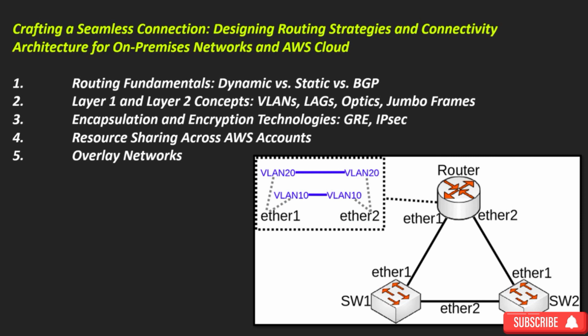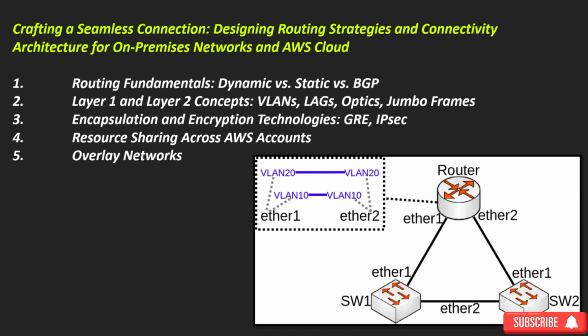The second will be layer 1 and layer 2 concepts. What are VLANs, LAGs, optics, and jumbo frames? We also have to discuss some of these points. As I told, layer 1 and layer 2 concepts are very crucial for establishing a physical interconnection between on-premises networks and the AWS cloud. VLANs, virtual local area networks, help in logically segmenting the network, enhancing security and manageability.